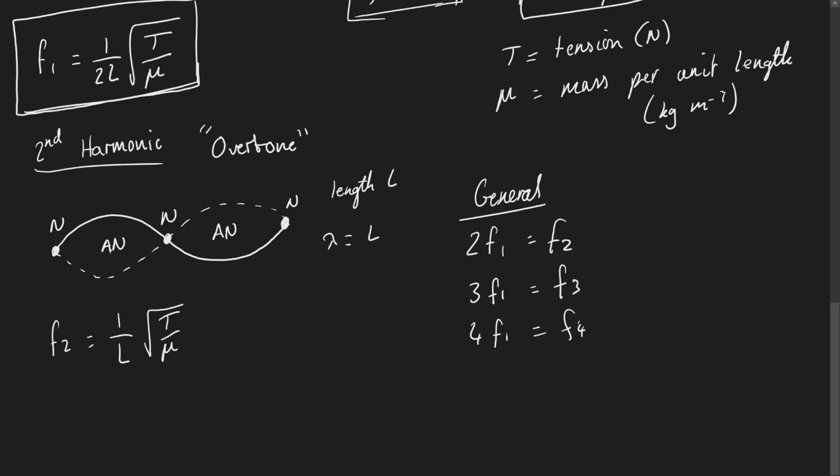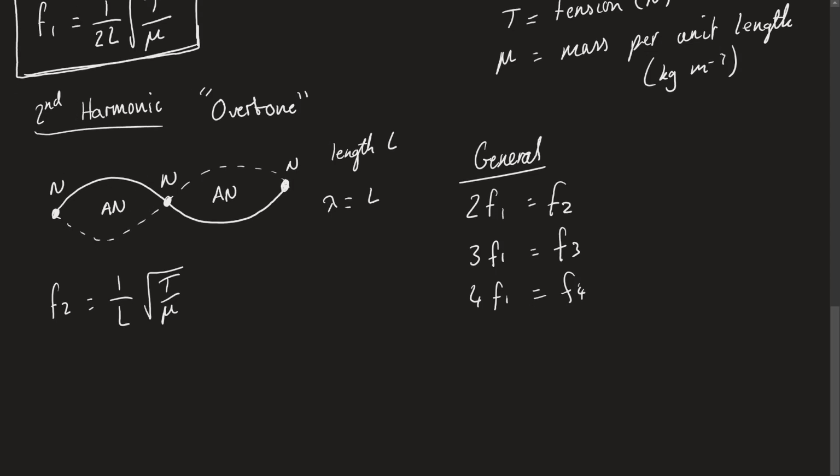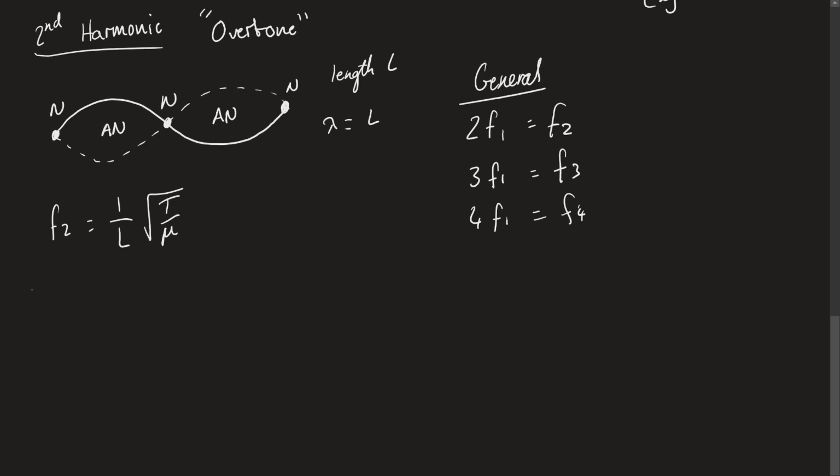This skill of being able to depict the wavelength, if we know what the harmonic is, is one that you will just pick up. To know how to draw which harmonic it is, a general hint is that the number of antinodes, I'm just going to write that as AN, will be equal to the harmonic.